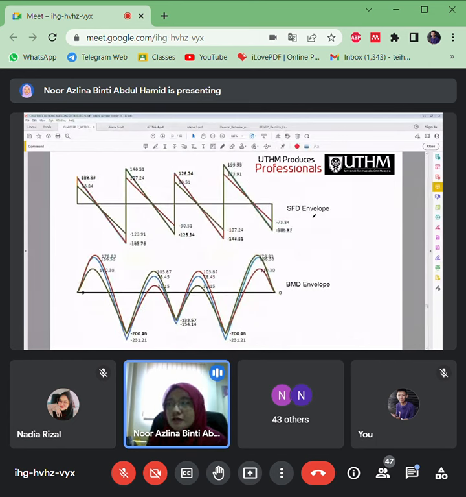So these envelopes are the compilation of load case 1 and load case 3. Okay. So look at this shear force diagram. Let's say this is the highest, the Vmax here. Maybe you just refer to this Vmax in order to produce the shear link spacing, the diameter for the shear links for the whole continuous beam.